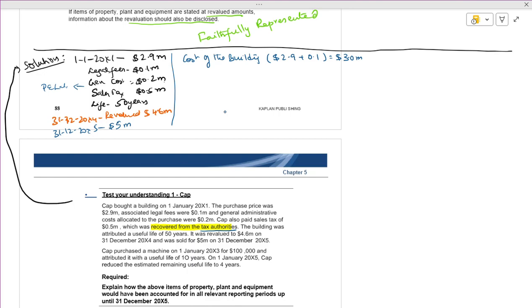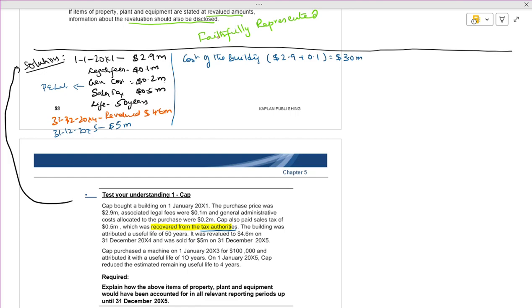Now, how much is the depreciation? Is it right? How much is the depreciation? First, when they have revalued, they revalued to 4.6. Is it right?